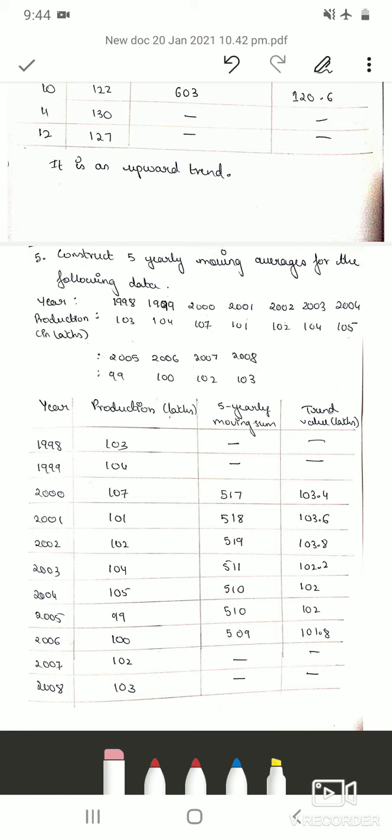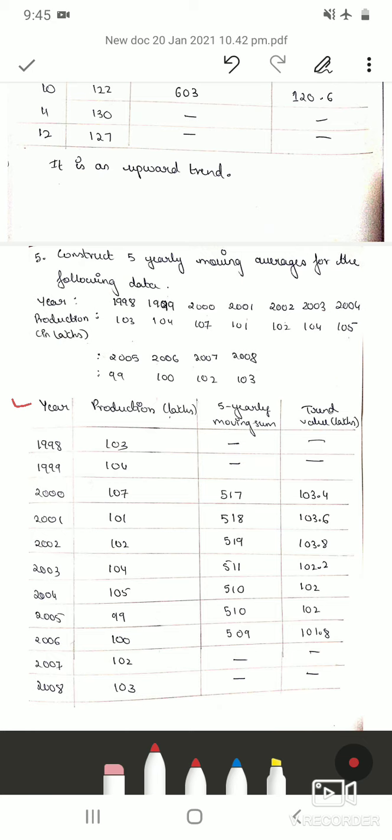If they had asked to plot the graph, then on the x-axis the range would be from 1998 to 2008, and the production will be from 99, which is the least value, so you can take 99, 100, 101, 102 and so on up to 107, which is the highest value.